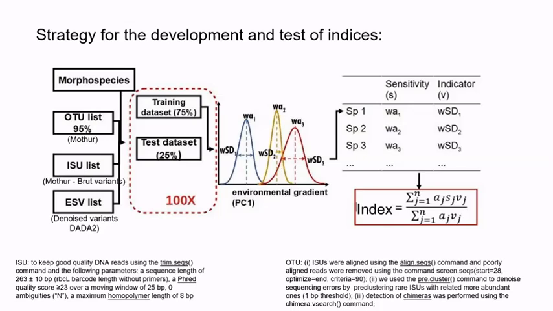How did we develop these 4 different indices? So he had a training data set. He divided this data set into 2 parts. One for the training.